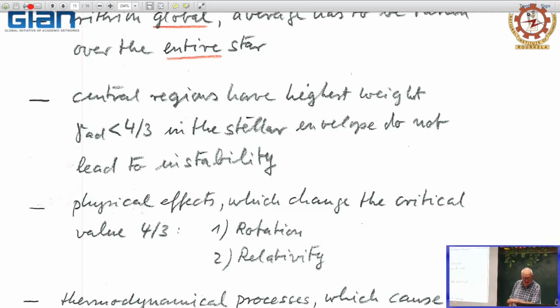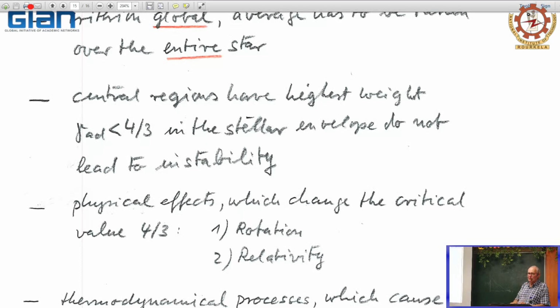Another related question is, is this criterion really important for astrophysical situations? That means, is that criterion relevant for a star, or in some evolutionary stage of a star?